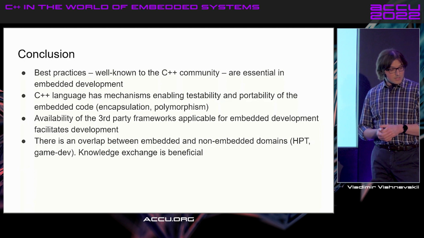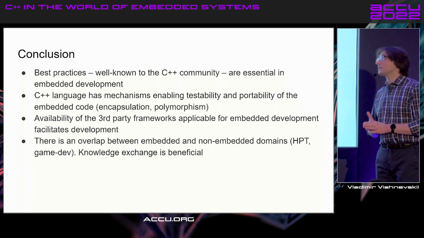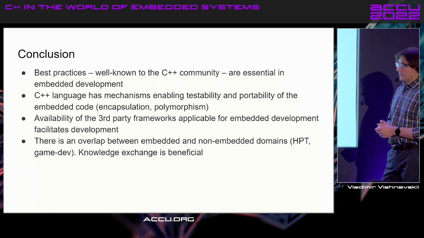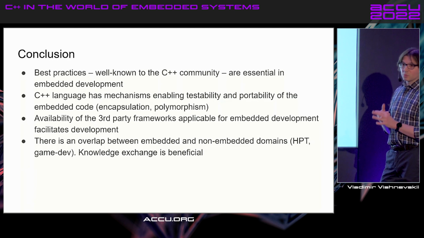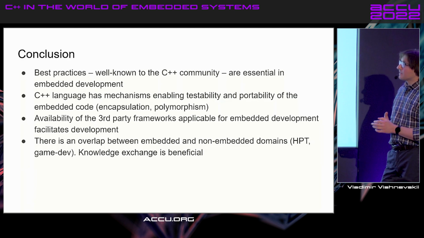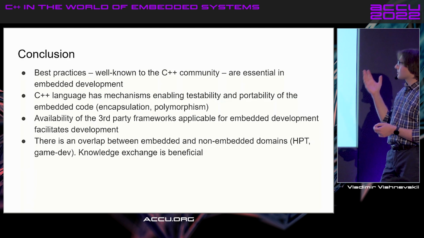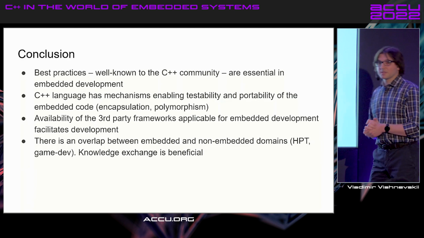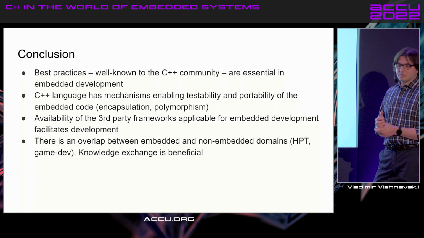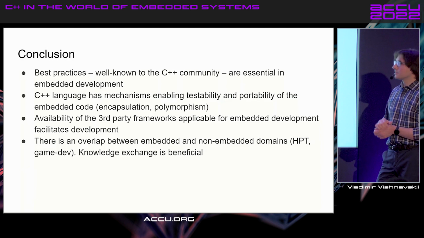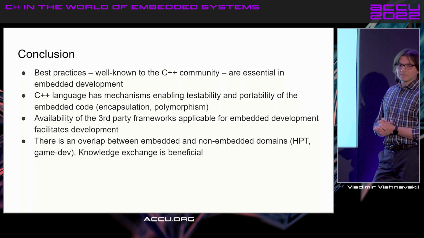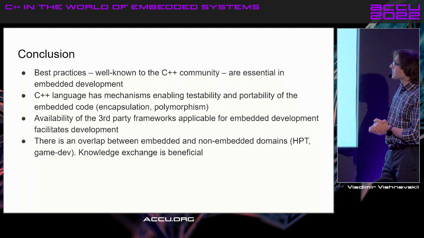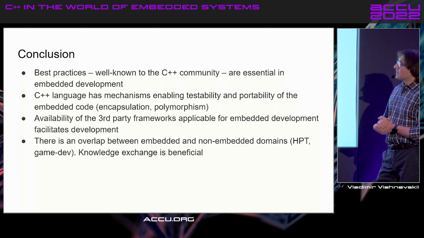The C++ language itself has features that enable development of portable and testable code, like encapsulation and different types of polymorphism that allow us to provide unit tests and dependency injection, even without overhead, as we reviewed.